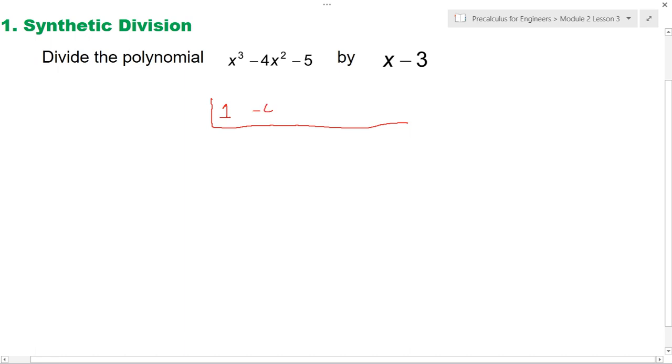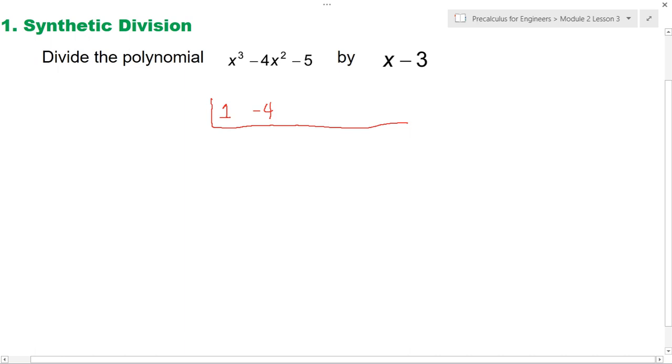So ilista mo lang. Dapat, class, in descending order of exponent. Hindi mauuna si constant paglagay dito. Hindi mauuna sa x squared paglagay dito. Dapat i-arrange mo muna yung polynomial bago mo siya i-plug in sa ating synthetic division. So here, x squared tayo. Hindi tayo punta agad sa -5 ha.